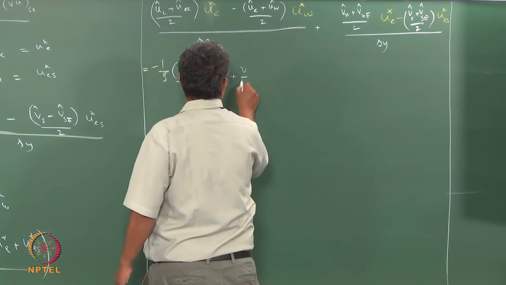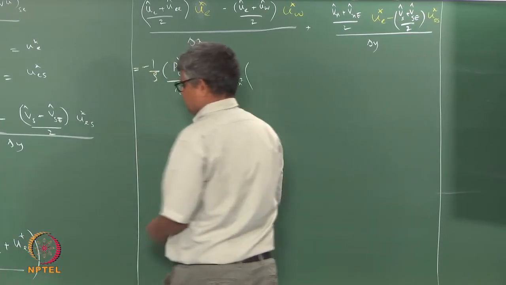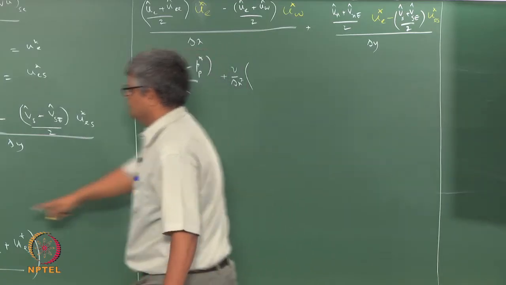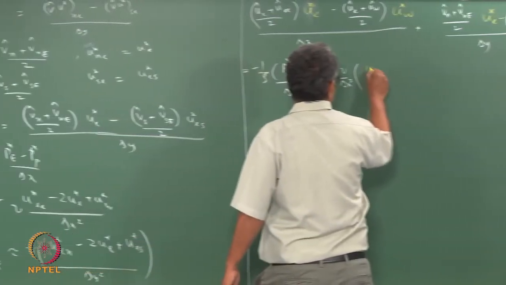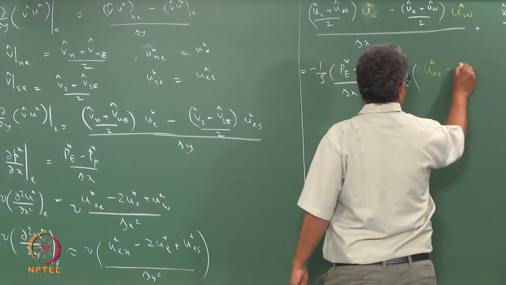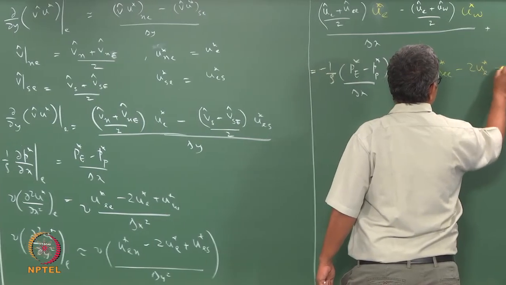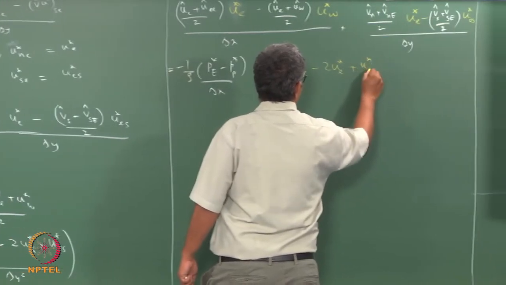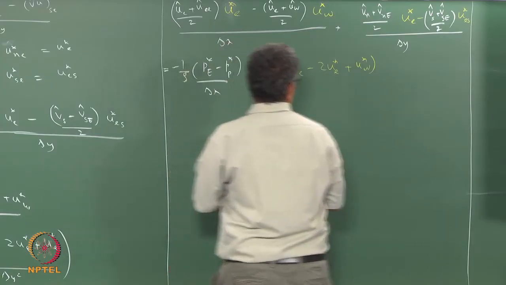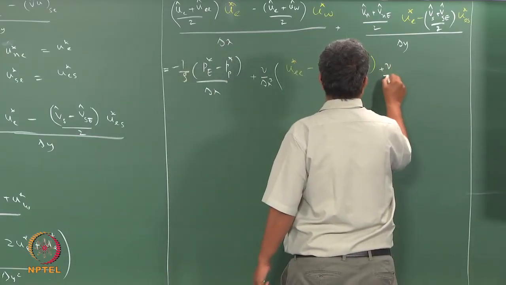plus nu by delta x square, and here we have plus nu by delta y square.